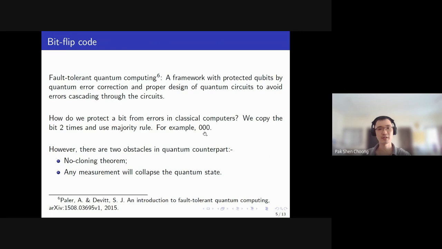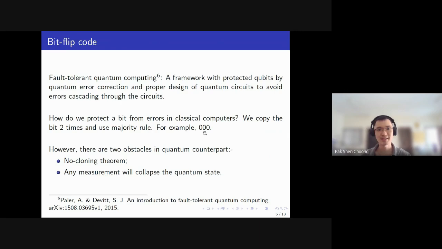For example, if the bit is zero, we just copy the zero state two more times, so that if there is one error flipping, let's say the first bit, then you measure the second bit and the third bit together, and the majority rule wins. Meaning that if this is flipped, then these two do not flip, right? So we can always correct the first one back to zero.